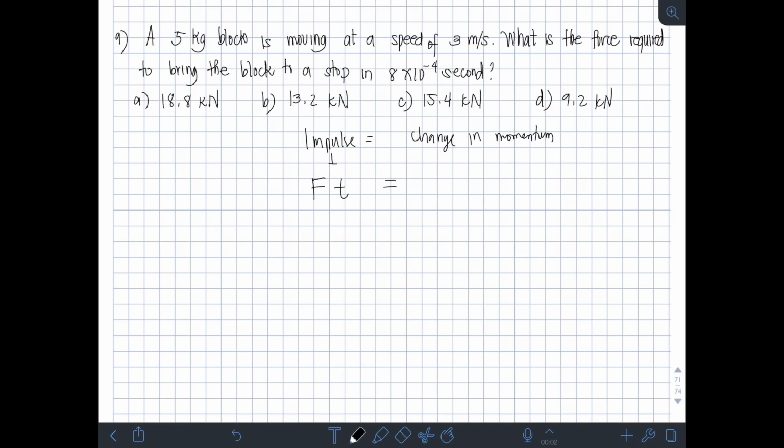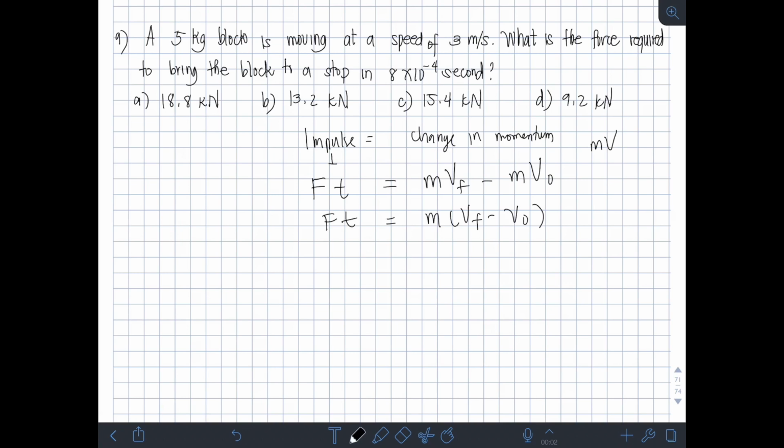And then, change in momentum. The formula for momentum is mass times velocity. So therefore, change in momentum is equal to mass times final velocity minus mass times initial velocity, or if we factor out, mass times Vf minus V naught. Okay? So we have Ft equals mass times Vf minus V naught.